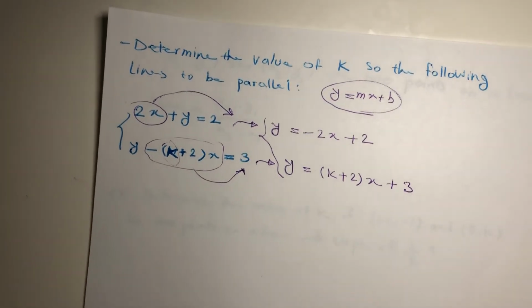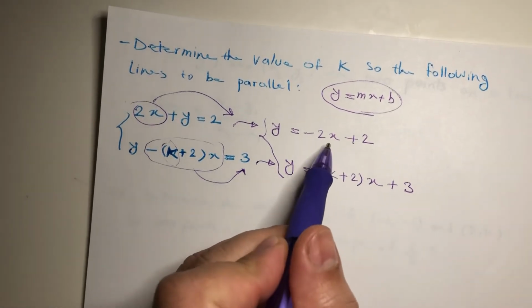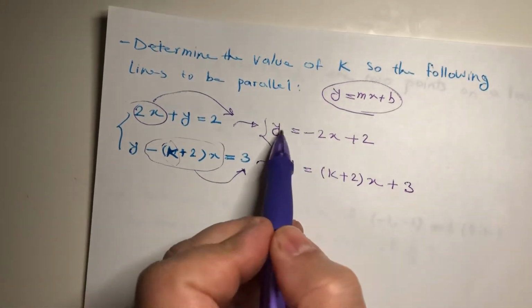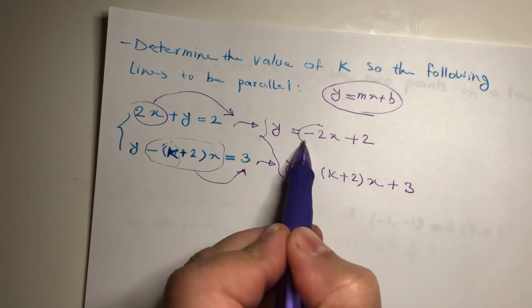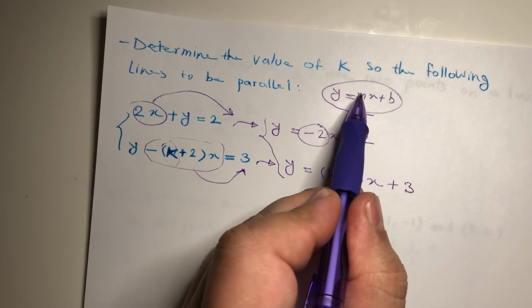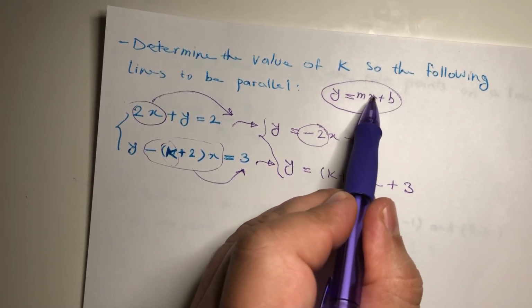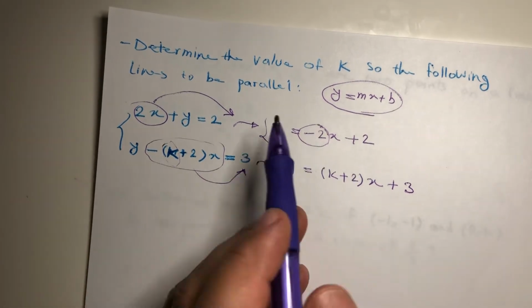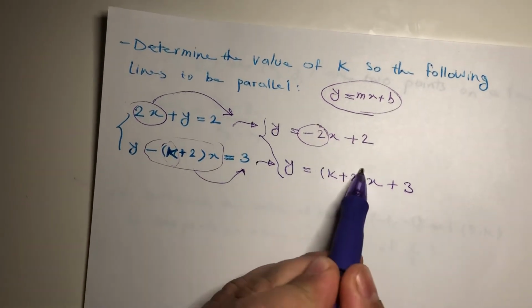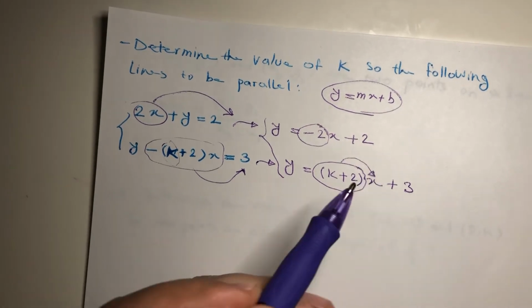In order for the two lines to be parallel, the slopes need to be equal. What are the slopes? The slope of the first line is minus 2, right? If you compare this to the standard equation, you can see the multiplier of x is the slope, minus 2. And in the second line, the slope is k plus 2, because that's what x is multiplied by.